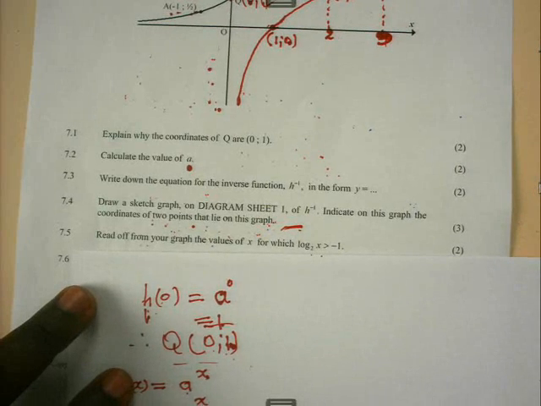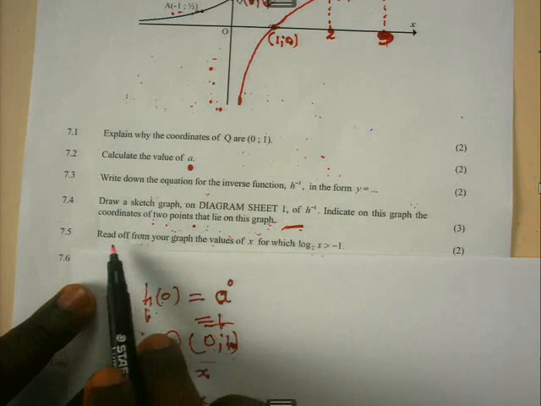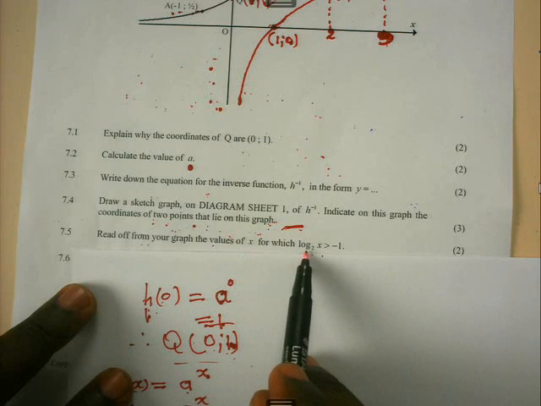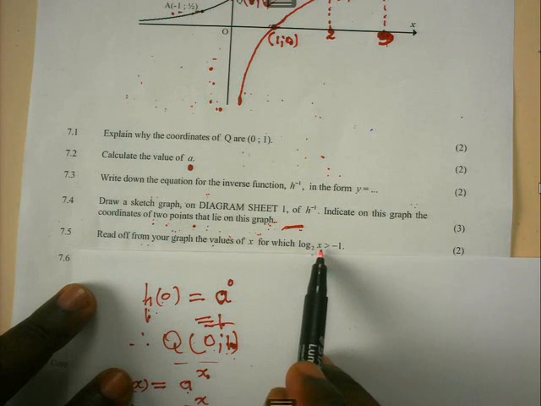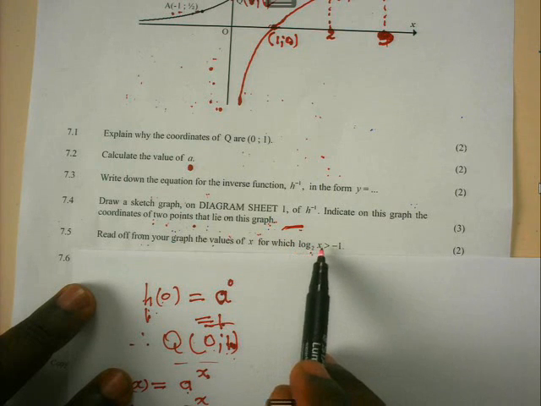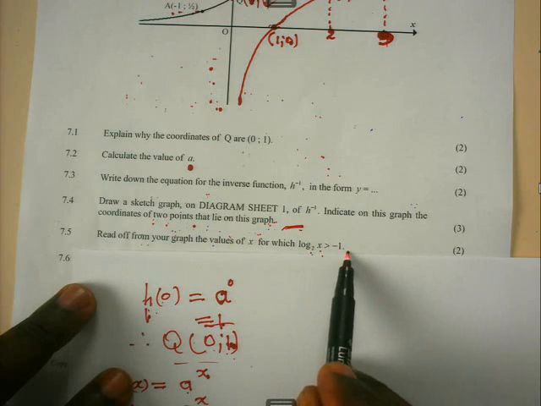Read off from your graph the values of x for which log to base 2 of x will be less than negative 1.